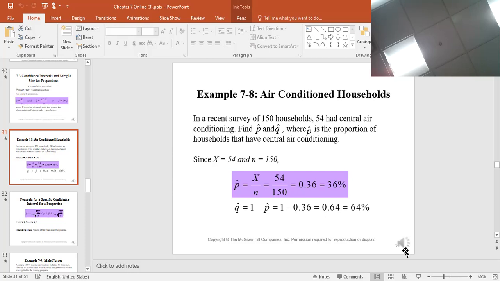Number of successes divided by number of trials.